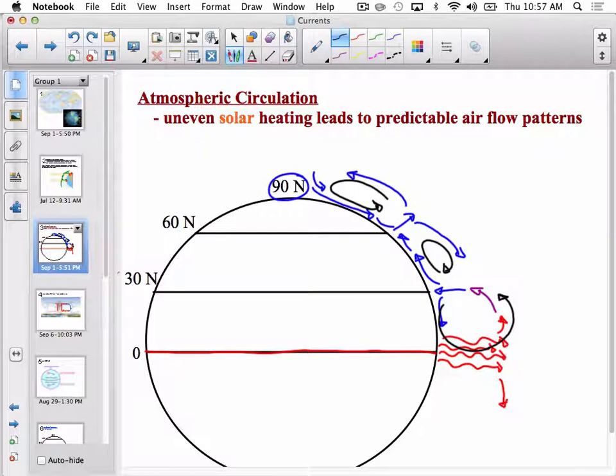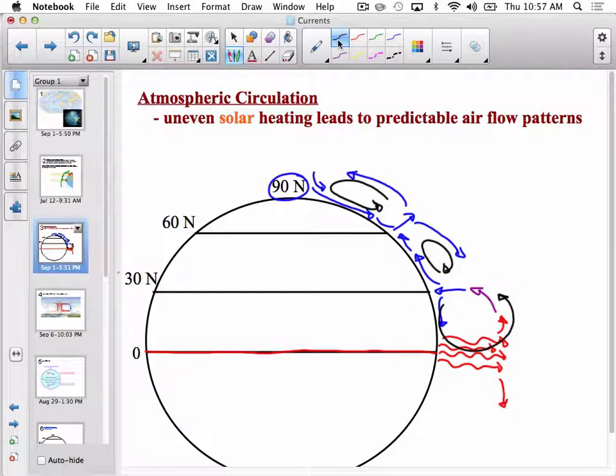Okay, so those are large-scale circulation patterns happening in our atmosphere at predictable intervals of latitude. This is what drives surface winds. If we look at the way the wind is blowing along the surface of the planet, I'll use black for this because of my black cells.